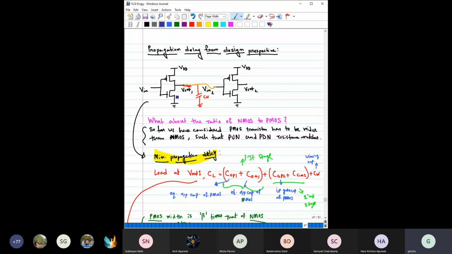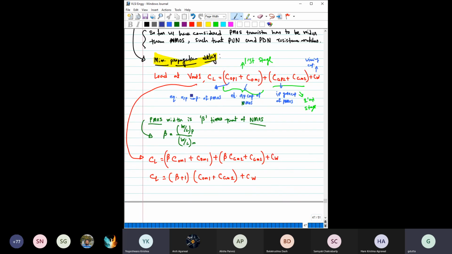So the first one, right? Because we are considering the charging and discharging of them. Even though they are identical, so they should be same. But right now we are considering the charging and discharging of this node. So obviously we are considering this PMOS and this NMOS, right?